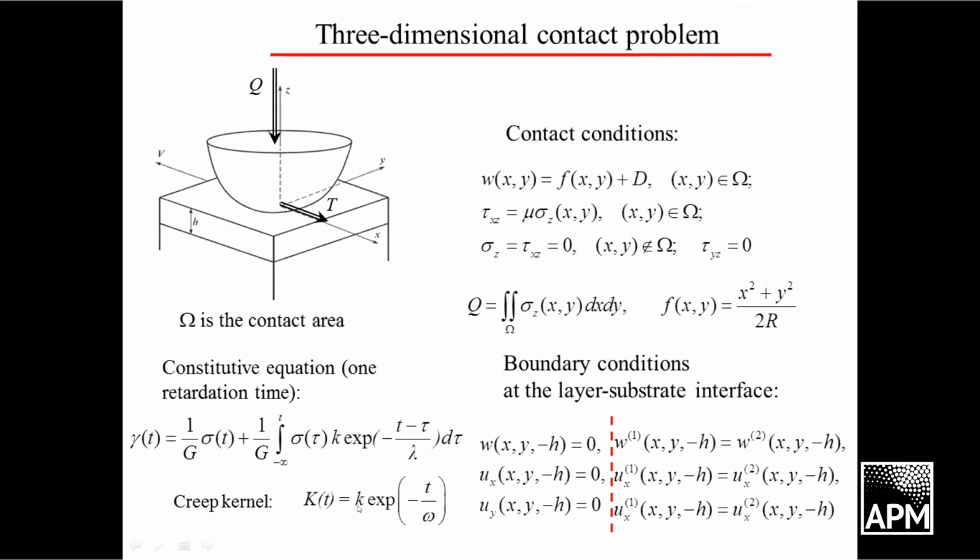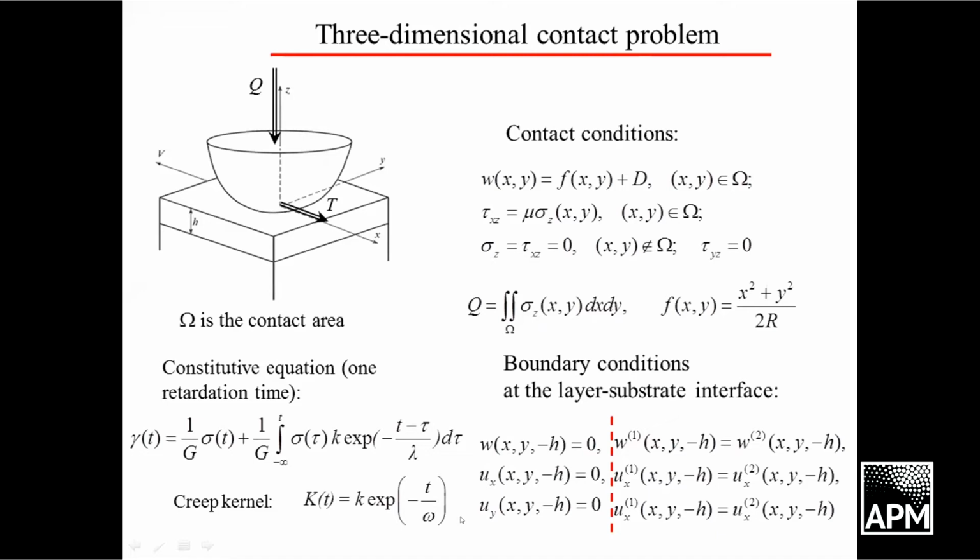Here K is the retardation time, and this is the ratio of one and the relaxation time.